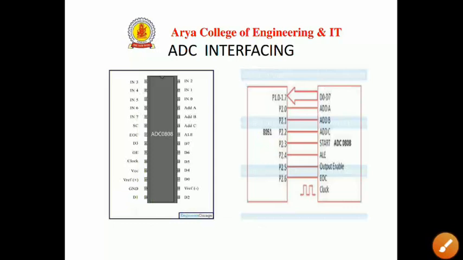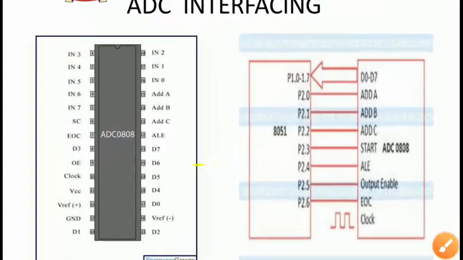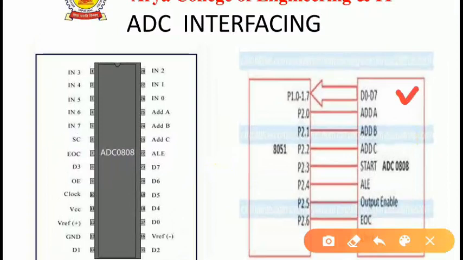Now we have another, ADC interfacing. What is ADC? ADC is analog to digital converter. We have a number of pins in the ADC also. D0 to D7 are data pins, and similarly A, B, C are different pins, and there is ALE, that is address latch enable, which is connected to the P2 terminal.